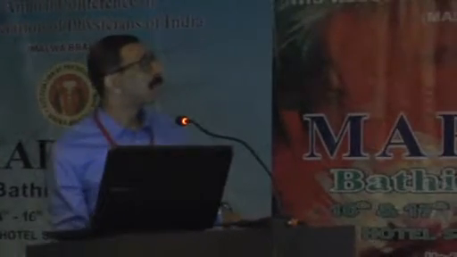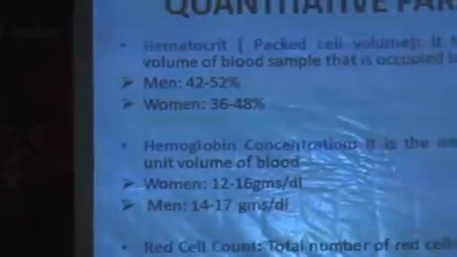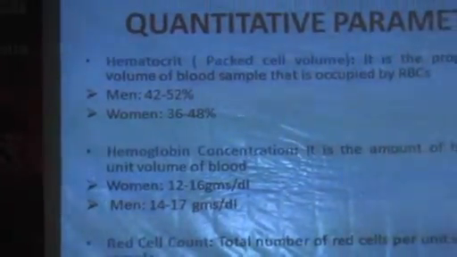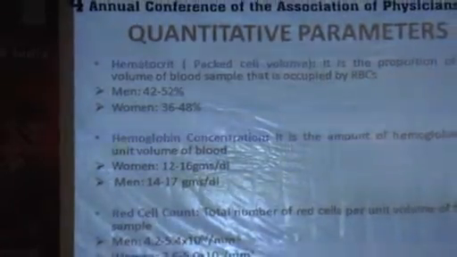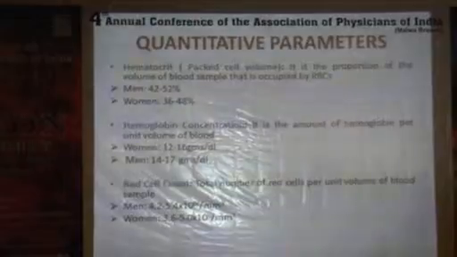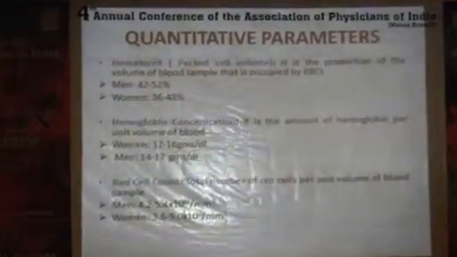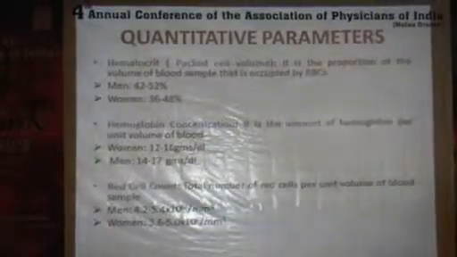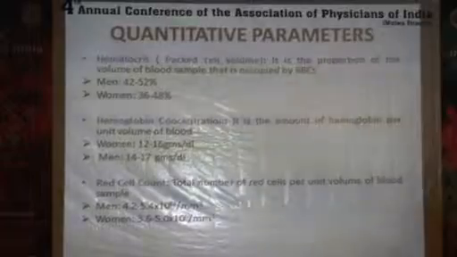This is just a little detail about these quantitative parameters. We should know about the hematocrit or the PCV, the packed cell volume, which is nothing but the proportion of the blood volume that is occupied by the RBCs. Although the values are different for males and females, roughly we should take something like 38 to 45% as the normal hematocrit average.